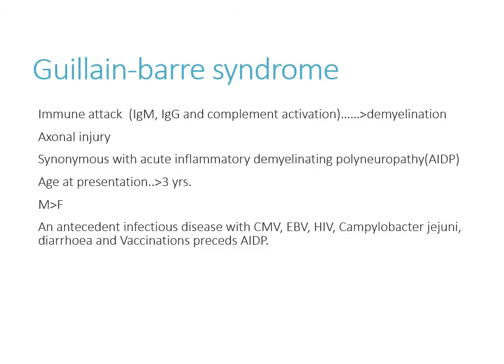Now, the important differential diagnosis when we talk about AFP is Guillain-Barre syndrome. So what happens in Guillain-Barre syndrome? There is an immune attack, that is, IgM or IgG or complement activation, and there is axonal injury. It is also synonymous with acute inflammatory demyelinating polyneuropathy.